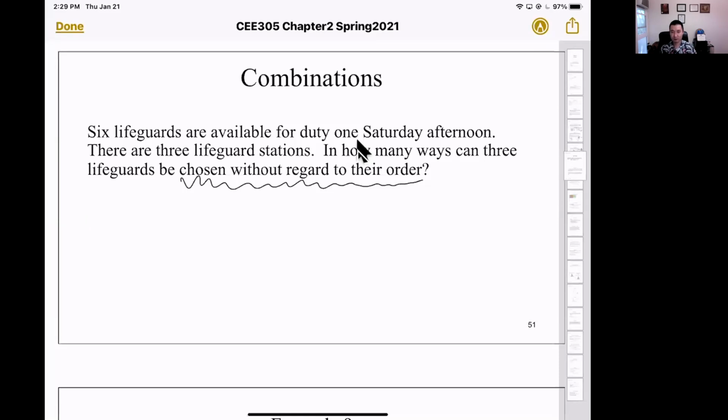Then we simply write C. How many total? We have 6 lifeguards. How many to choose? 3. So it's C(6,3), which is equal to, just plug in the equation.